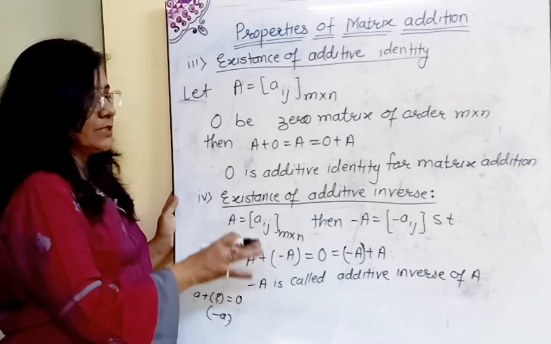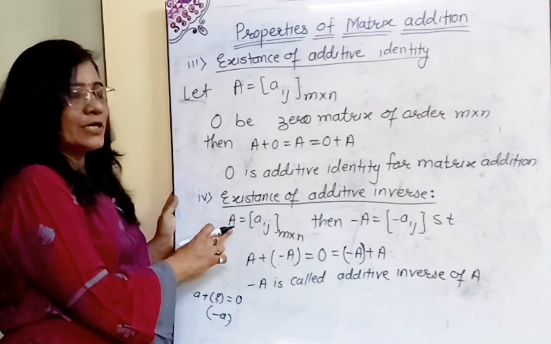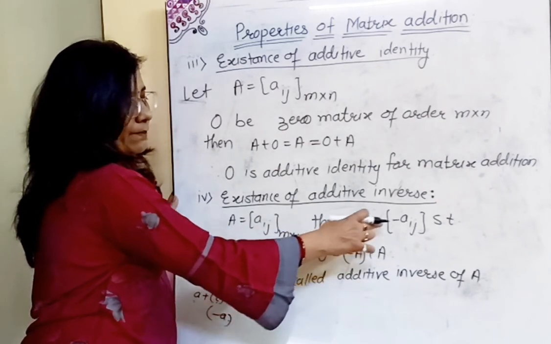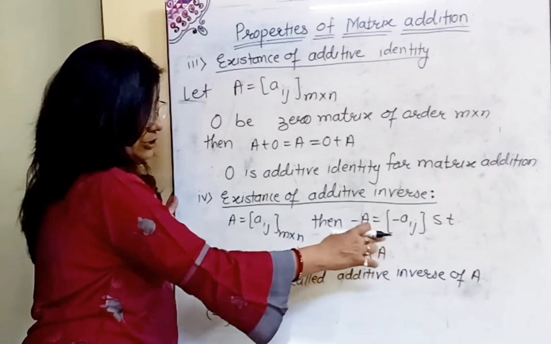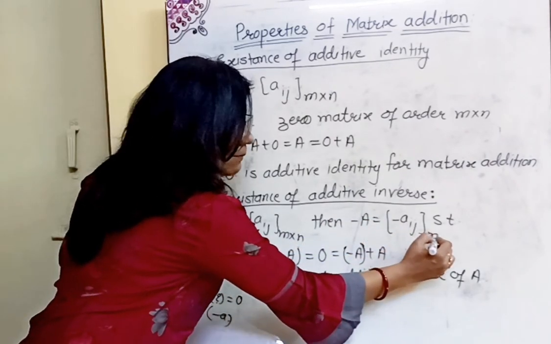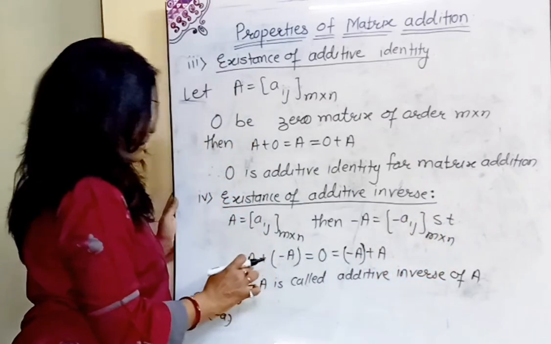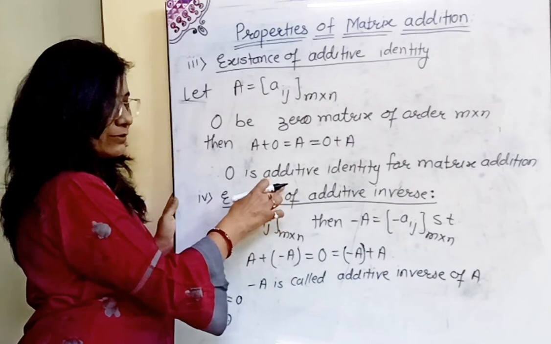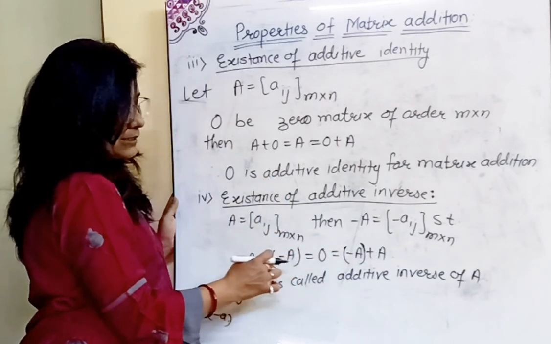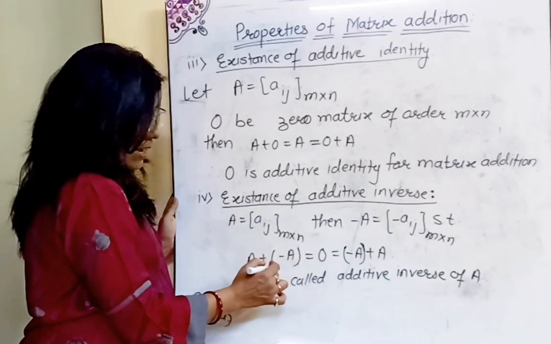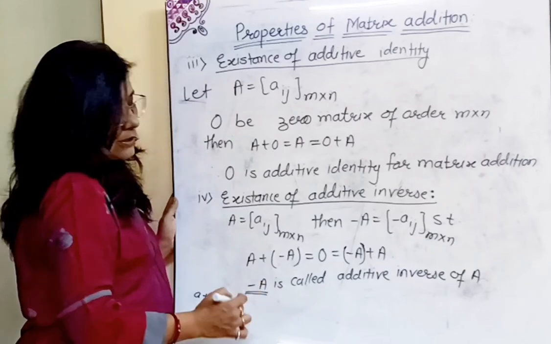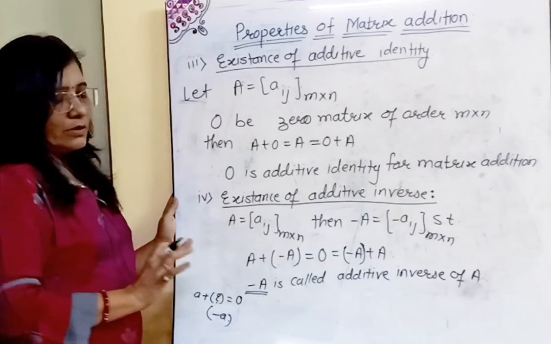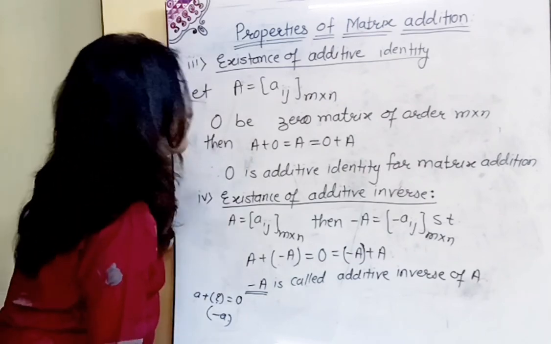The same concept is here. Suppose A is a given matrix of order m by n, then minus A, given by minus Aij, having the same order m by n, is such that A plus minus A is equal to 0, the additive identity, which is equal to minus A plus A. Then this minus A is called the additive inverse of A. So these are all the properties we have seen here.